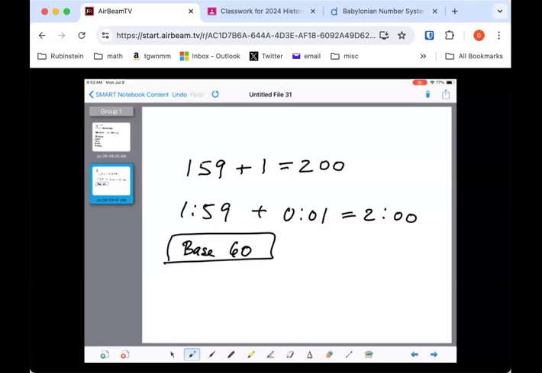That also works for degrees. Like when you measure angles, 1/60th of a degree is called a minute, and that's a very, very small angle. And when you divide that minute into 60 pieces, those are called seconds also.